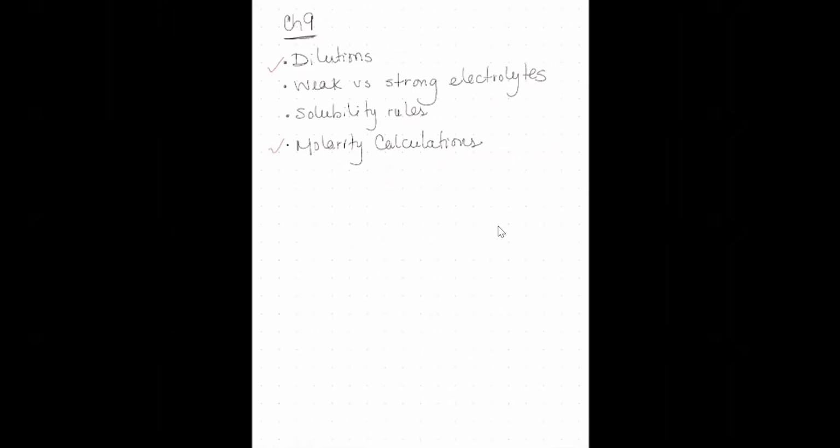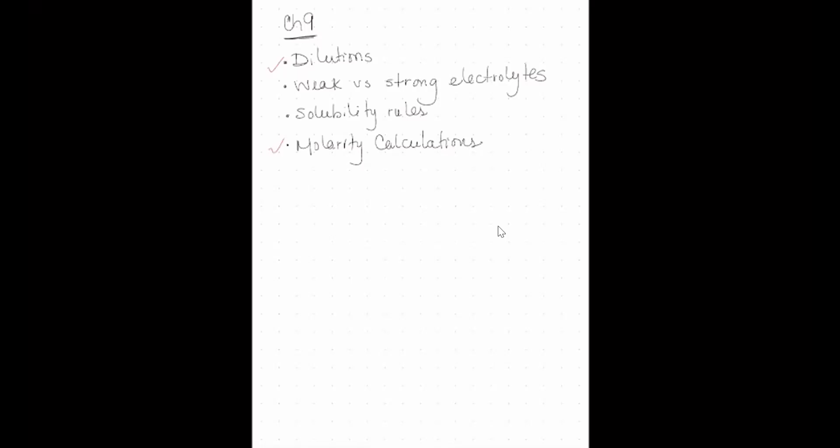Strong electrolytes break into ions in your solvent, and they are strong acids and strong bases. So remember, there's 6 strong acids, and then there are the bases that are group 1A, group 2A, and hydroxide. Those are going to be your strong electrolytes. Your weak electrolytes are anything else that is not in that list.